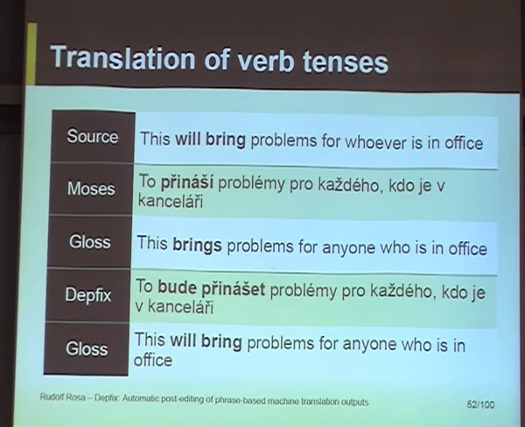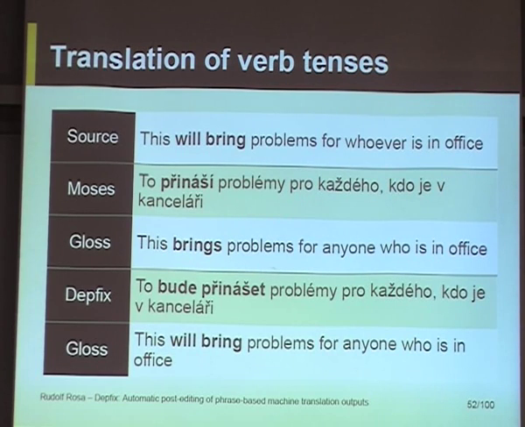So what we did is that we categorized all the English verb tenses into three categories: past, present, and future, based on how they usually should be translated to Czech, and we changed the tense in Czech.